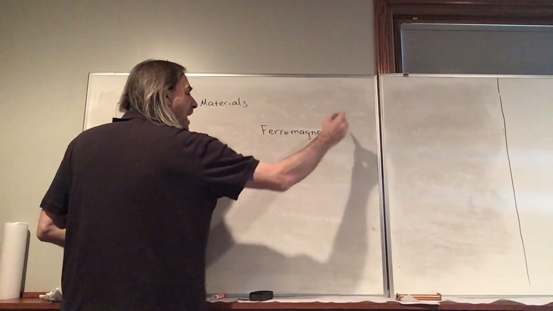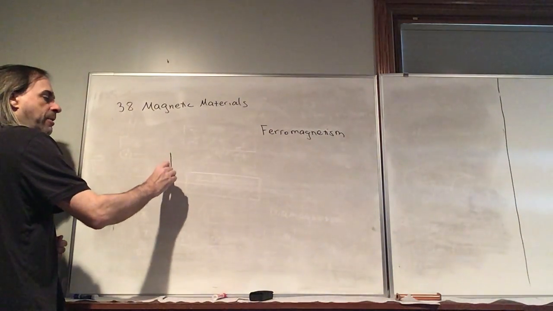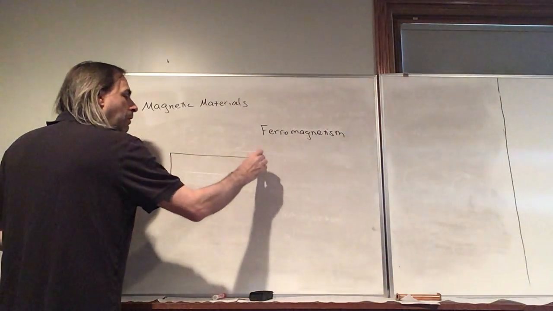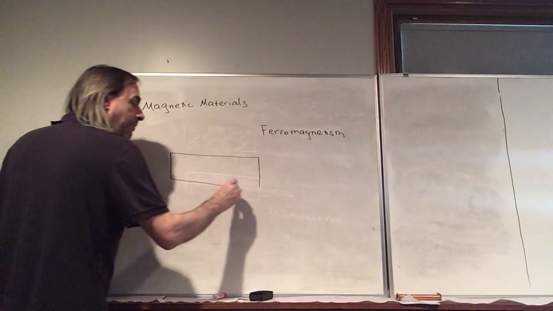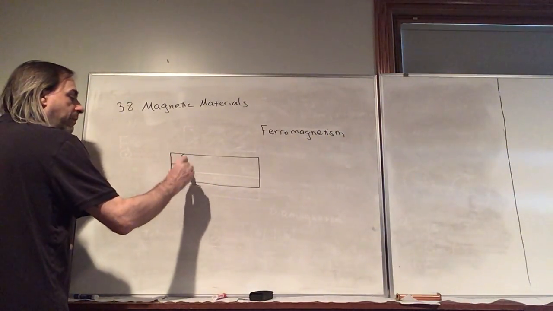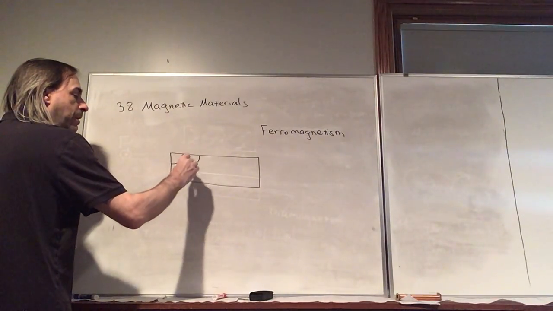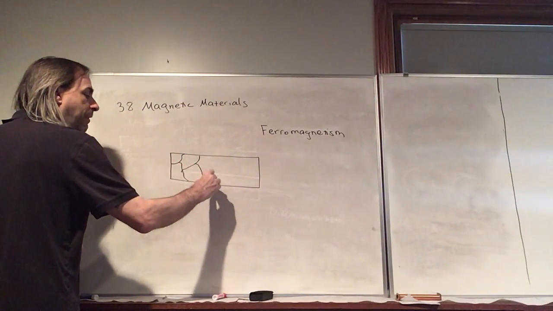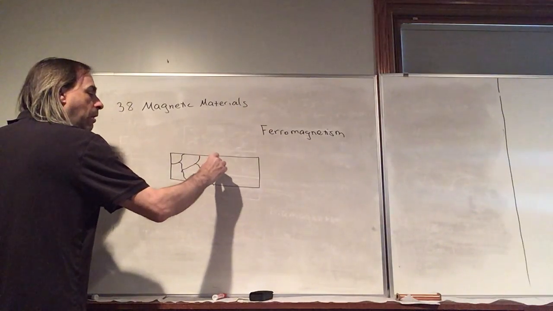And this, you want to think iron. I think it ultimately comes from Latin, like ferrous or something, iron. There's a few others, I think nickel does this as well.